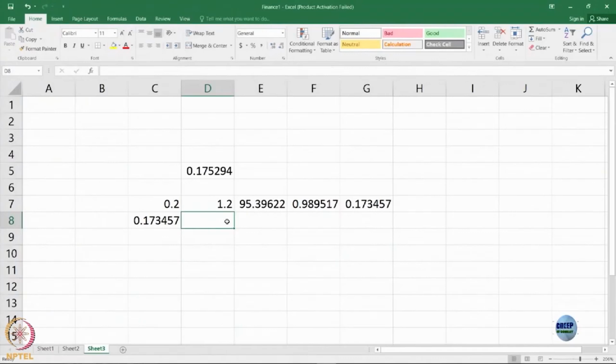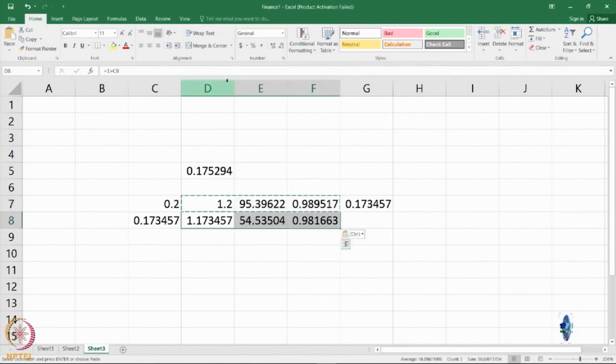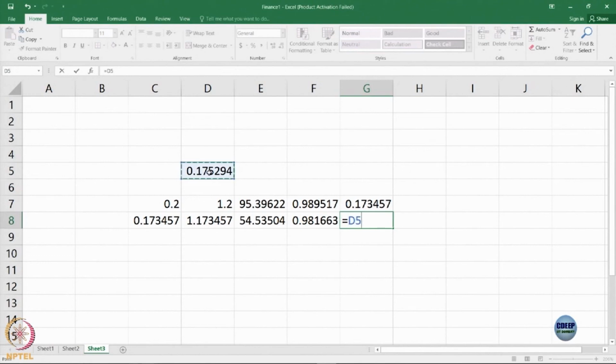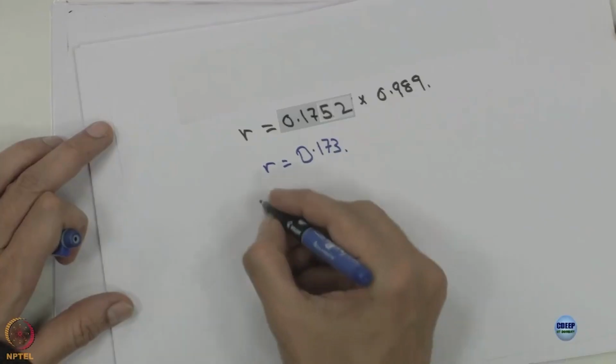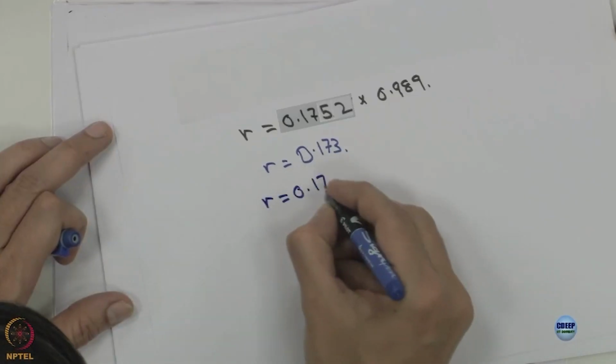We can copy these cells and paste them. So we get this, and then this is going to be this value into 0.98. So now this is coming to the next value of R. We get the new value of R as 0.173.